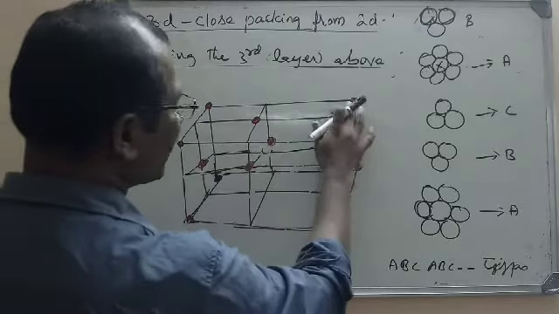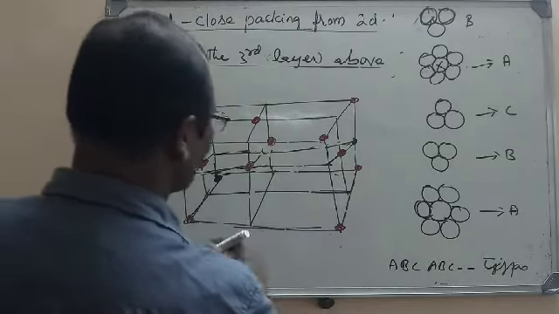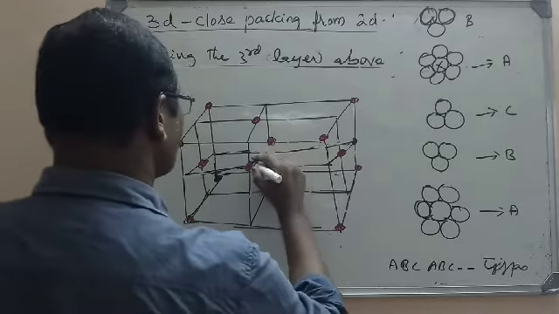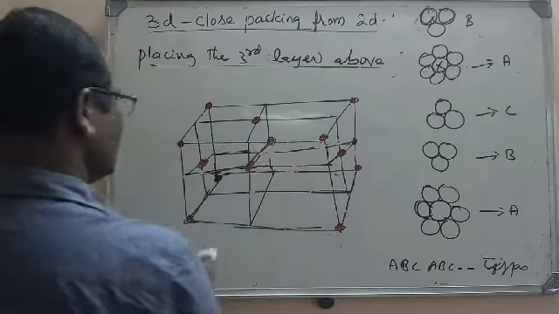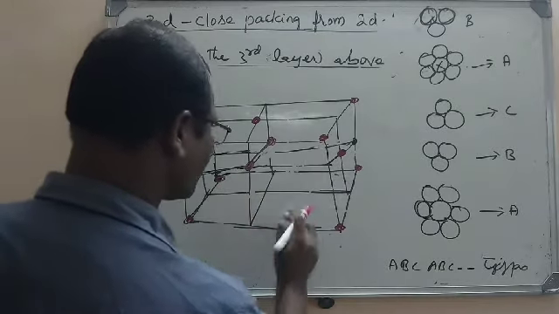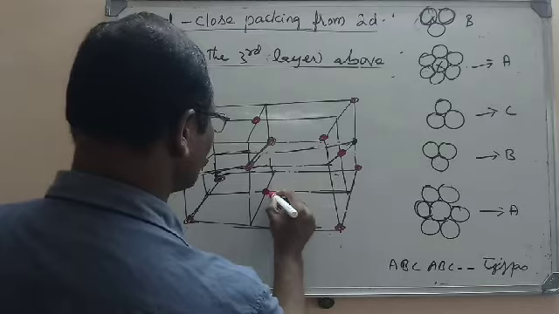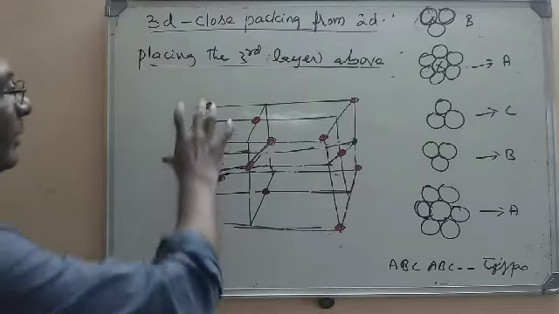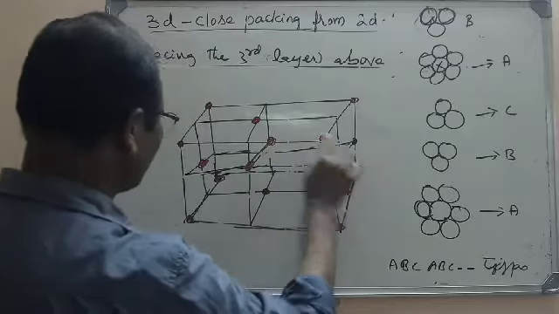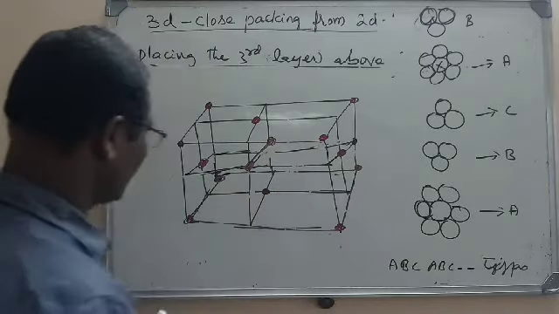So 2 1 2, here 1 2 1. Just I am saying a tip to remember it. And lastly again 2 1 2, very simple, 2 1 2 1 2 1 2 1 2.